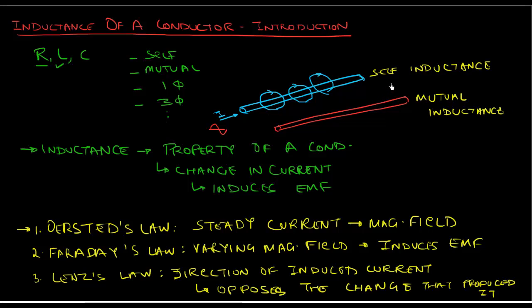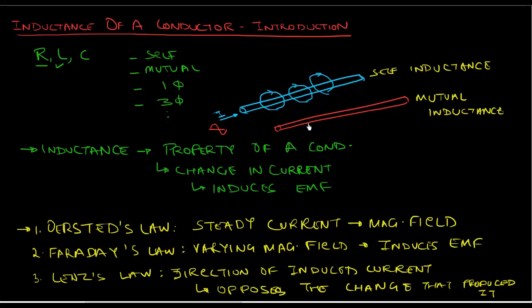So once again, these are key concepts you need to understand. So any current passing through this conductor induces an EMF within this conductor itself, and that's self-inductance. And it also induces an EMF in any other nearby conductors, which is mutual inductance. So when you're calculating inductance in a transmission line, you have to consider two things.